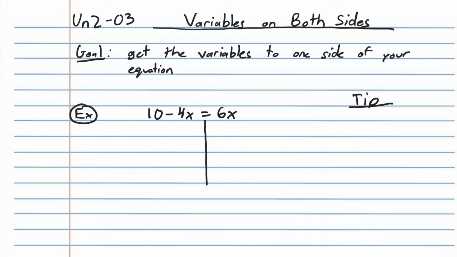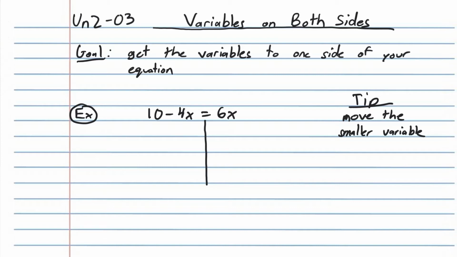Technically, it doesn't really matter which one you move, but a nice rule to go by is I always tend to move the smaller of the two variables. So move the smaller variable. Again, there are exceptions to this.